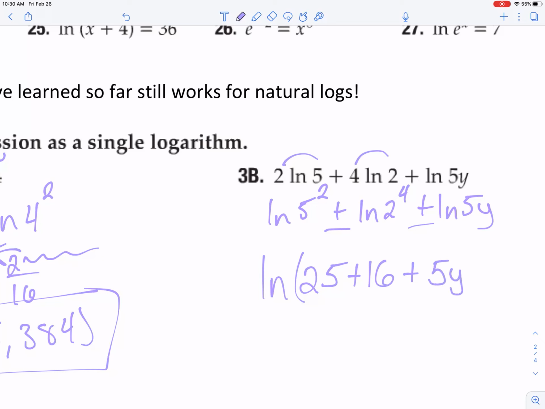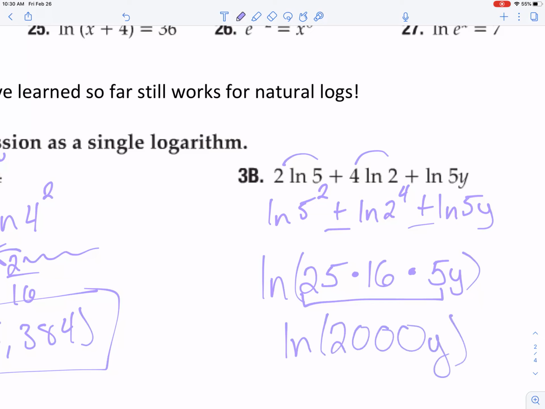And you know what? I have made a mistake. The whole point of combining these is that they are no longer addition, now it's multiplication. And so when I plug all this into my calculator, I will get the natural log of 2,000.